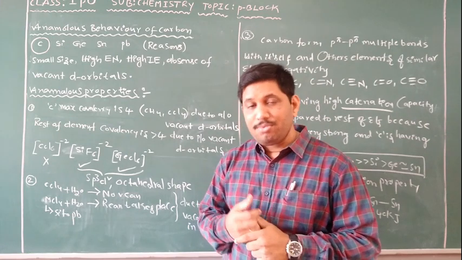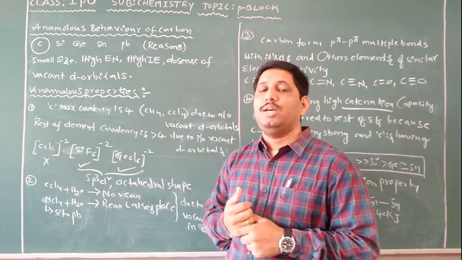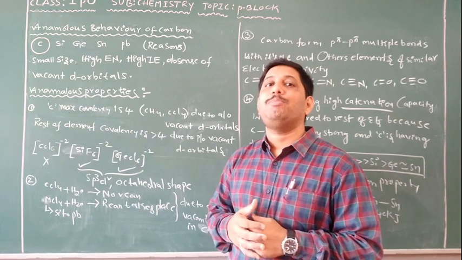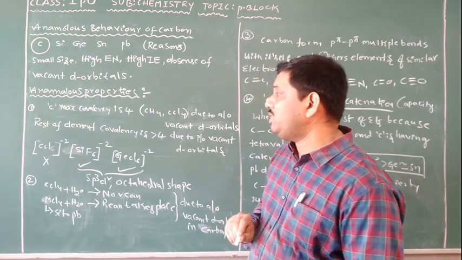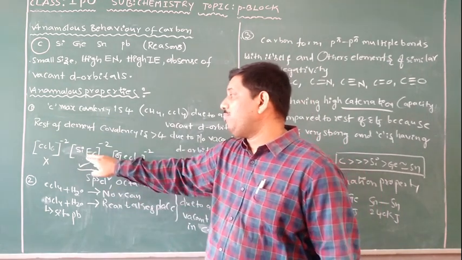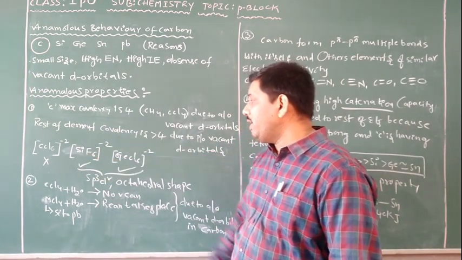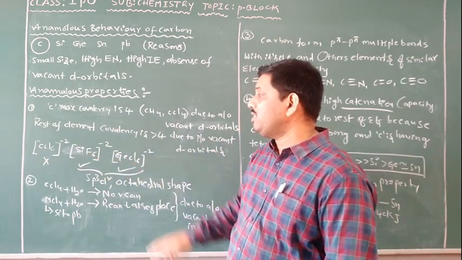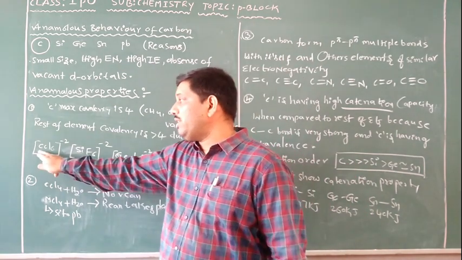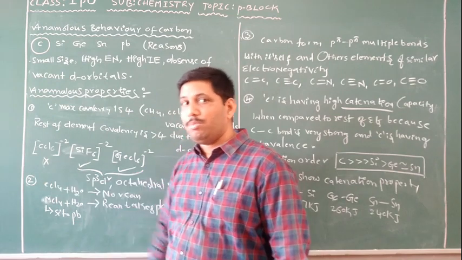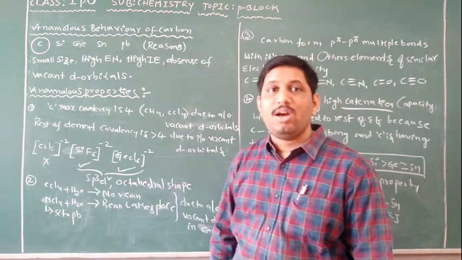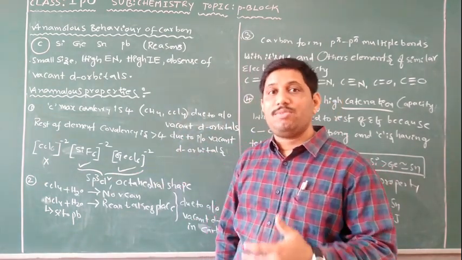Due to the presence of vacant d orbitals, the covalency will be more than 4. Due to this, silicon can form silicon hexafluoride, germanium can form germanium hexachloride, but carbon does not form carbon hexachloride. This compound is not formed because of absence of d orbitals in carbon and presence of d orbitals in the rest of the elements.